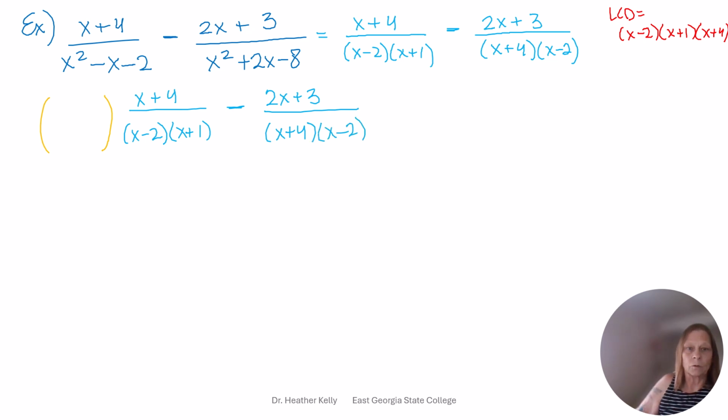And we'll need to multiply this by something. Okay, and now we're going to multiply by what we need. In the first one, we need the x plus 4 term to complete that denominator. And in the second one, it looks like we need the x plus 1 term.